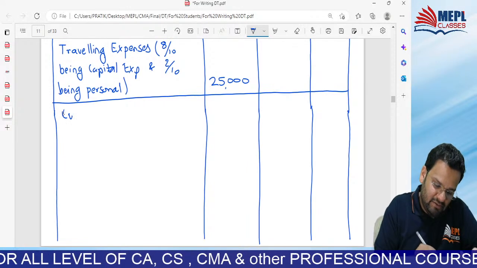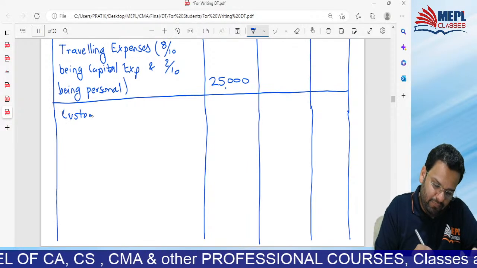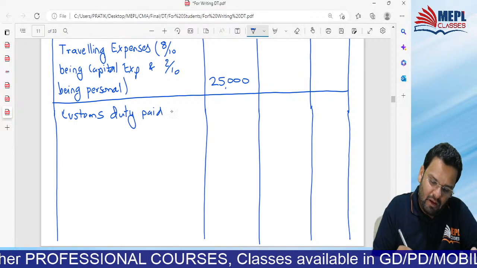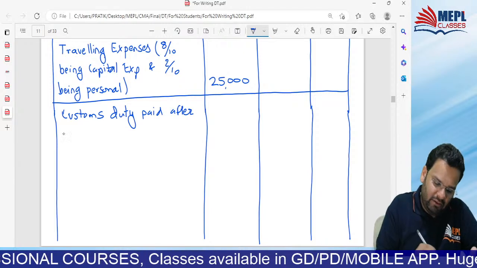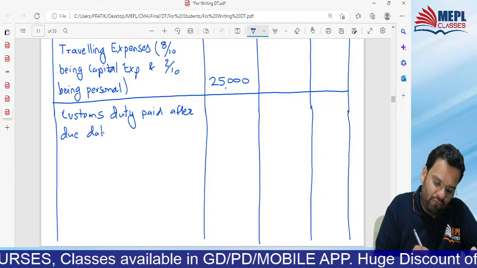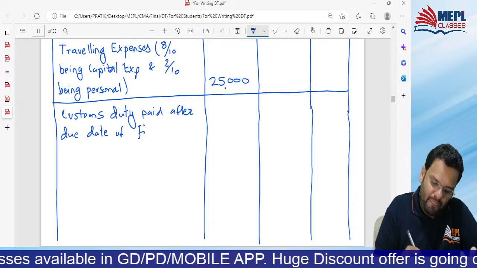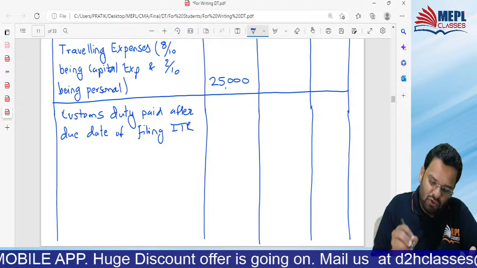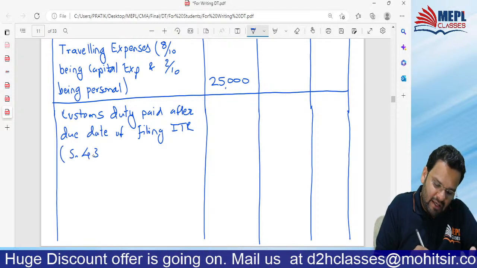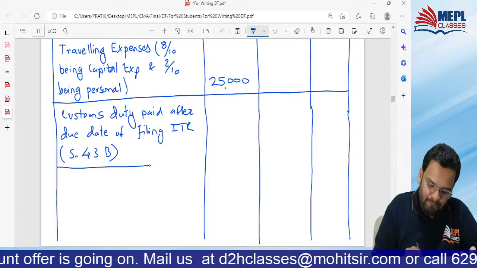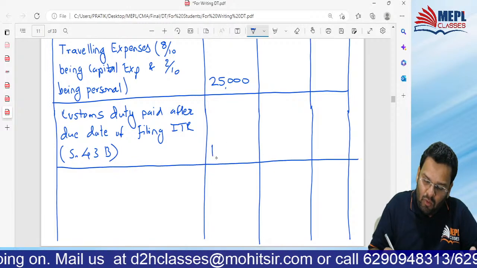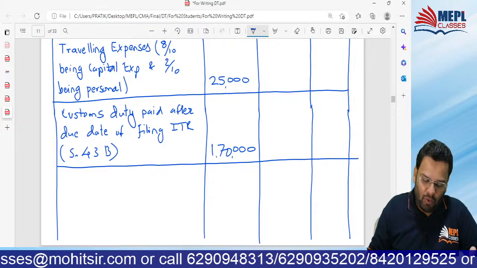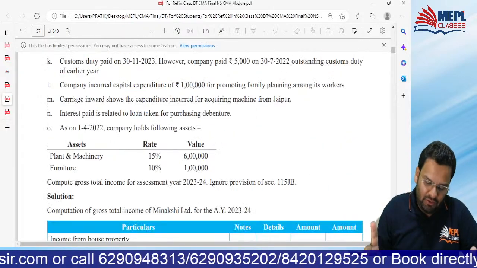So right here, customs duty paid after due date of filing income tax return. So disallow it in this year as per section 43B. Yes, 1,70,000. Do you all agree till this point? 1,70,000?